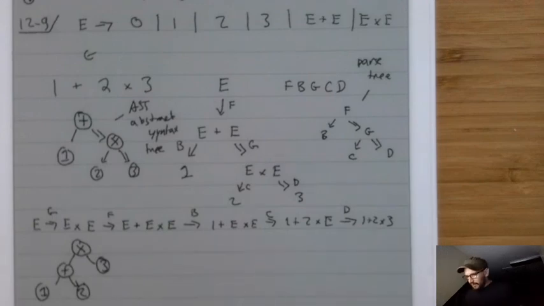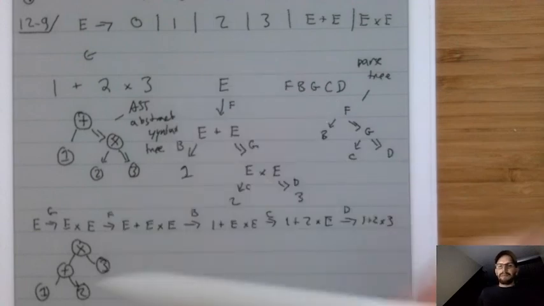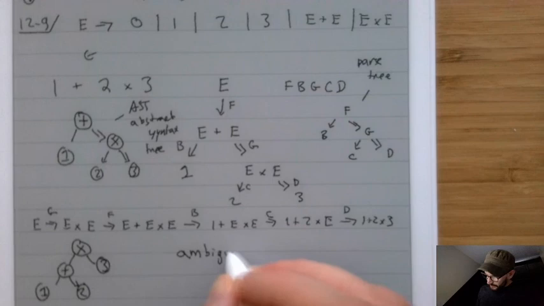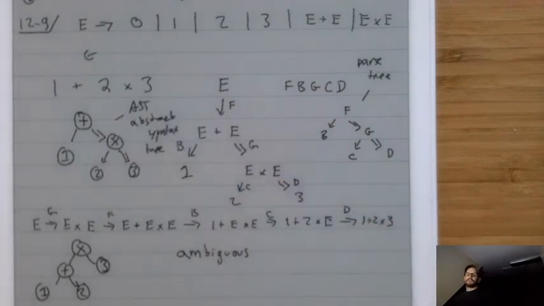Now, what that means is that this grammar has ambiguous strings. There are strings, such as this one, 1 plus 2 times 3, that admit two different ways of parsing it. Typically, for programming languages, we do not want that.